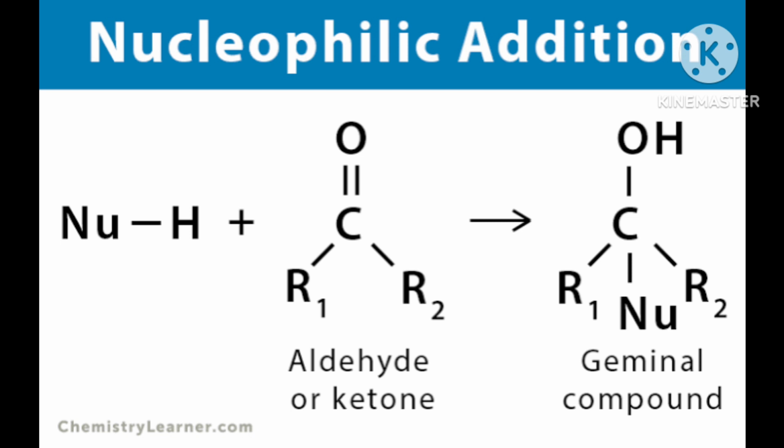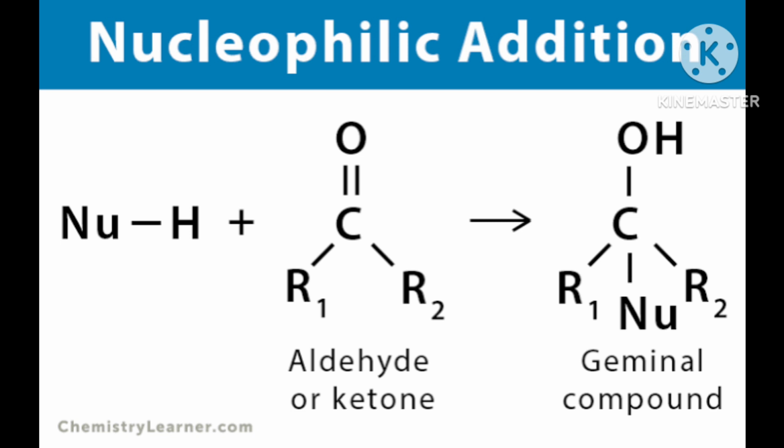Now, because on oxygen negative charge is there and on carbon positive charge is there, the nucleophile Nu, which is negative, will attack the carbon, which is positively charged, and this is actually the intermediate.